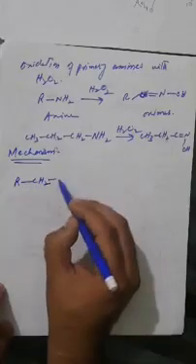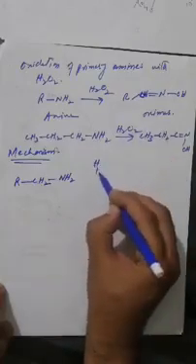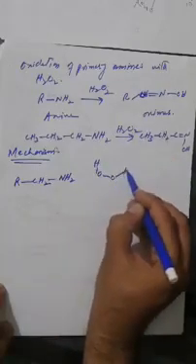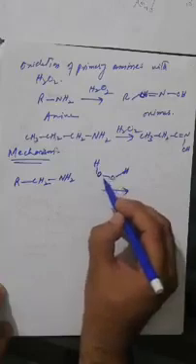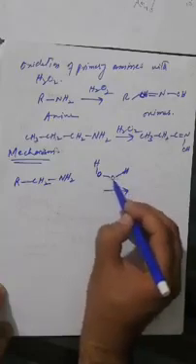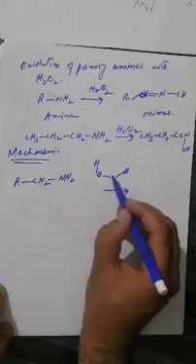Let's take a general primary amine and we are going to react it with hydrogen peroxide. We know that the single bond between the two highly electronegative elements is a very weak bond.